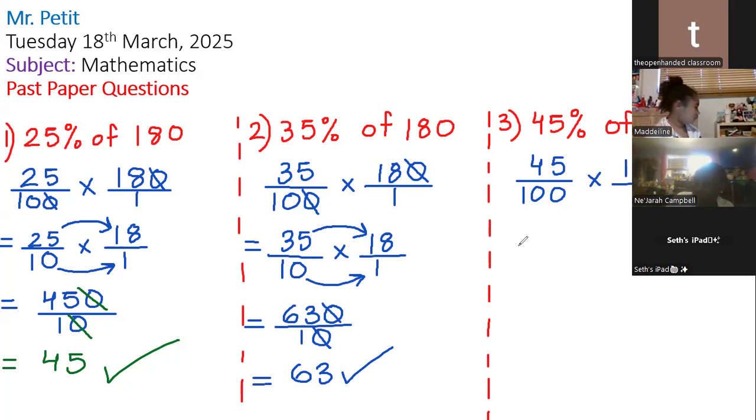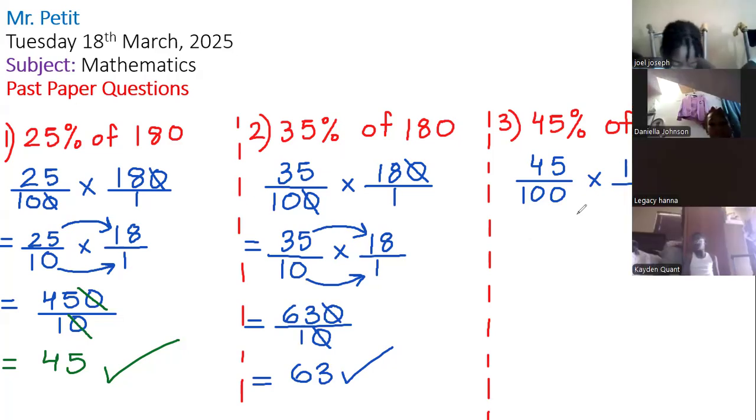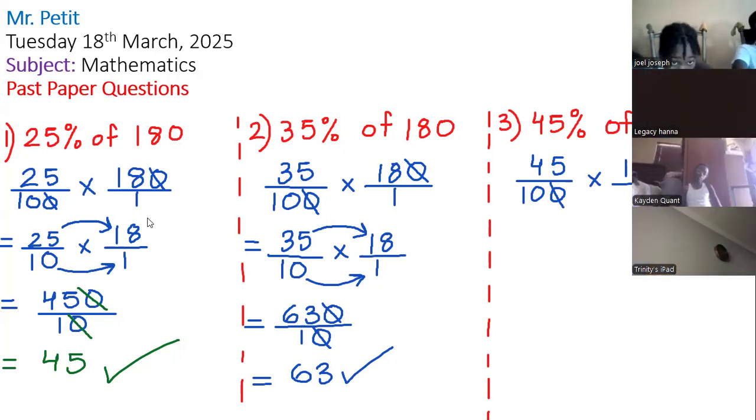Go ahead. Daniela, what are we going to do at this point? Take out all the zeros. Cancel the zeros. Very good. So this is going to cancel out. This is going to cancel out. Then after that, what are we going to do? 45. 45 out of 10 and times 18 over 1.